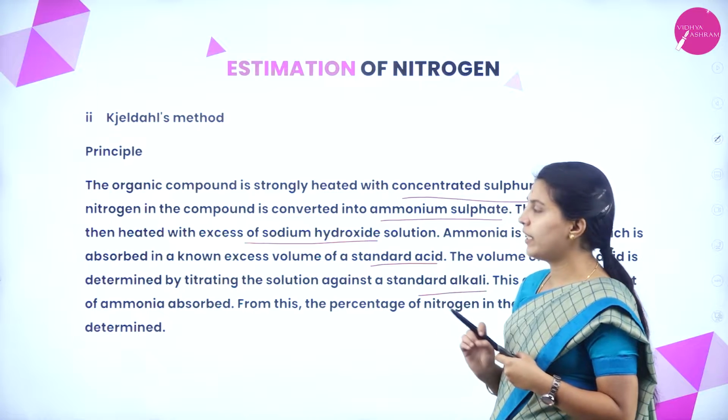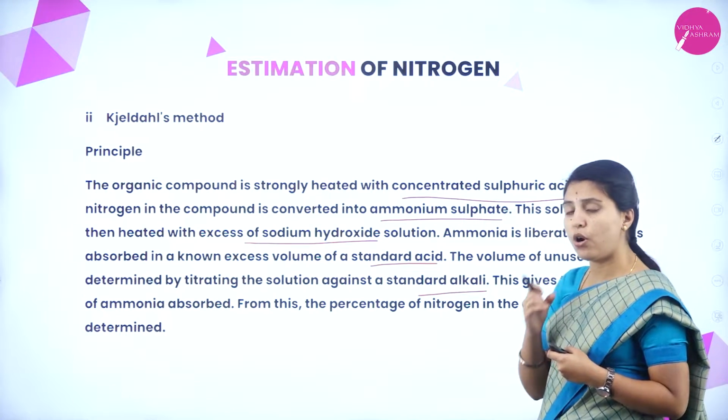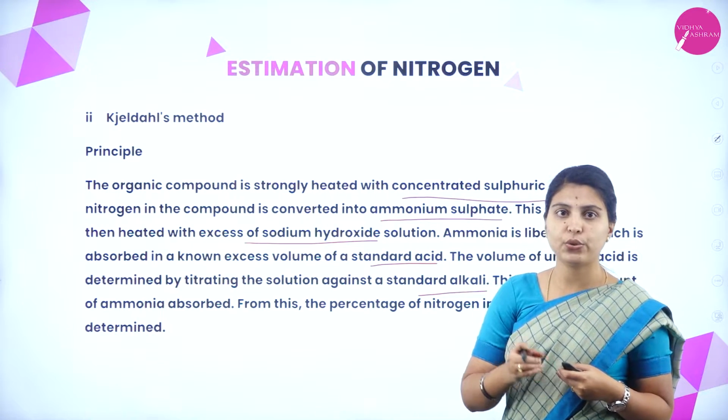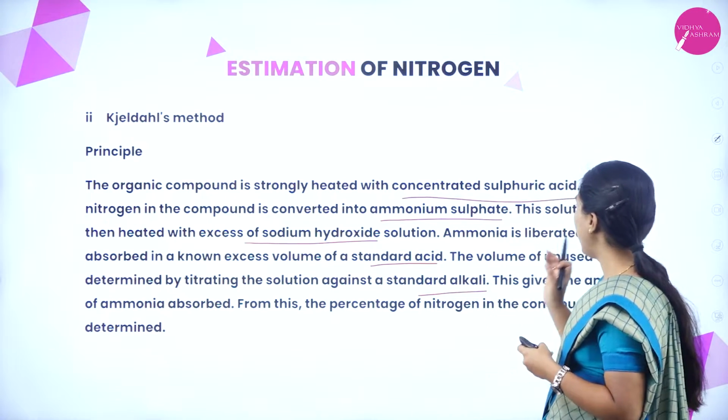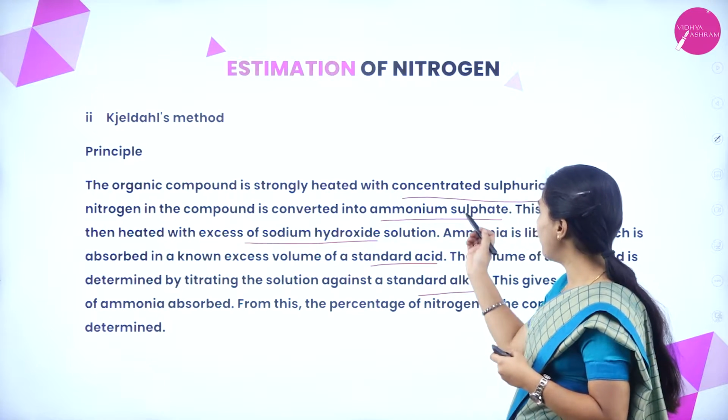Okay, what they are telling means, in Kjeldahl's method, the organic compound is strongly heated with concentrated sulfuric acid, that is nothing but H2SO4. At that time, the nitrogen in the compound is converted into ammonium sulfate.